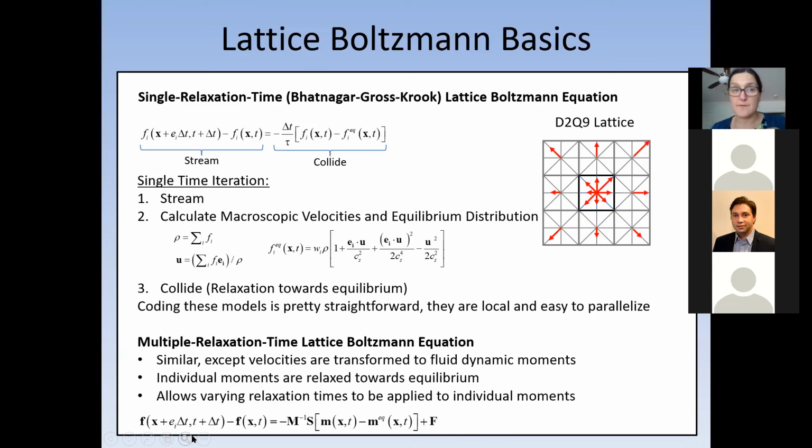The simplest equation, which is not always the one that works best, but is the simplest to explain and understand, says that at my next step, I'm going to collide all of these portions of fluid moving in different directions. As they collide with something coming from the other direction, they exchange momentum, and based on that some of them will again go in different directions. And I can move only, in this case, in 9 possible directions.